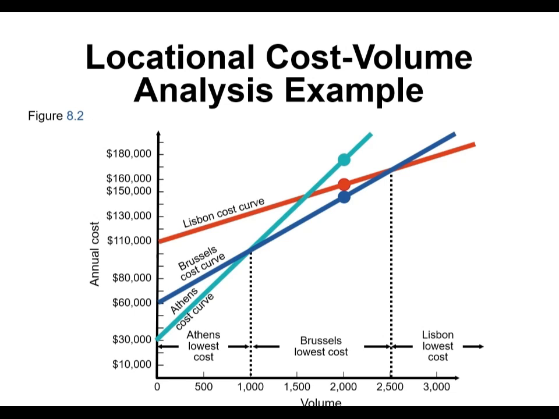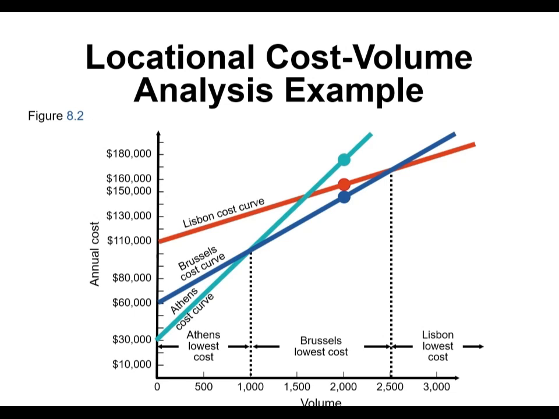And then after 1,000, what is the lowest line? Brussels. The blue one is Brussels, right? So Brussels offers the lowest cost if you want to produce between 1,000 to 2,500.